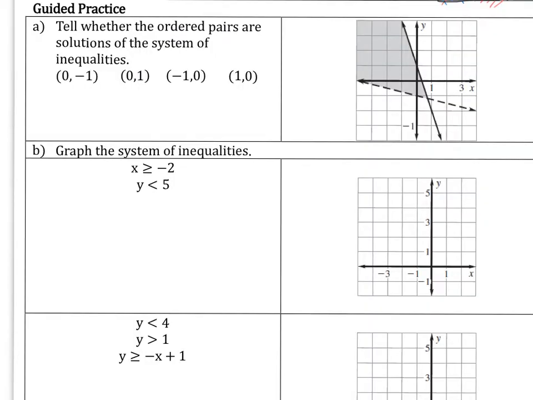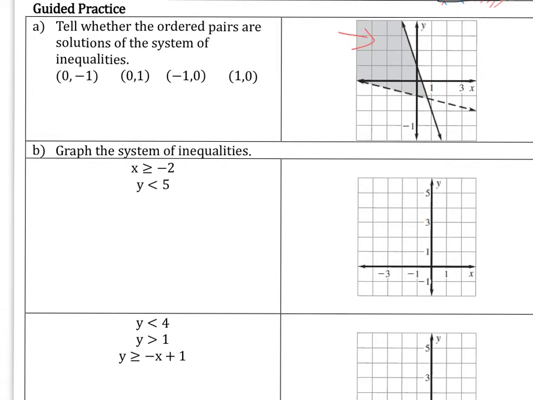Guided practice. Part A. Tell whether the ordered pairs are solutions of the system of inequalities. In order for these points to be solutions of the system, they need to satisfy both inequalities, meaning they need to land within the shaded region.